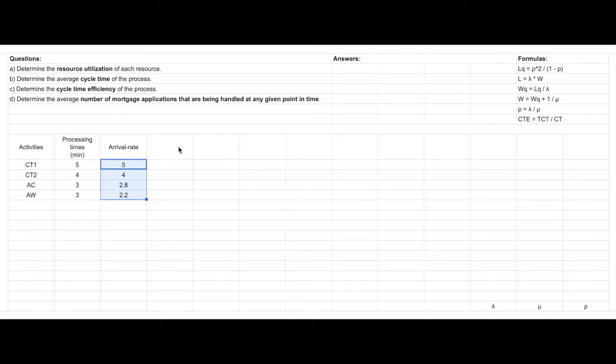We need to add two other columns here then. Let me just add the symbols here. We need to add the capacity, which is the rate at which you can generate process cases.